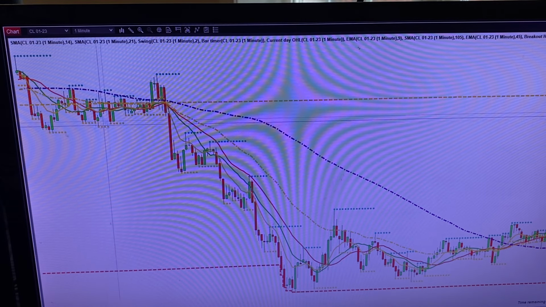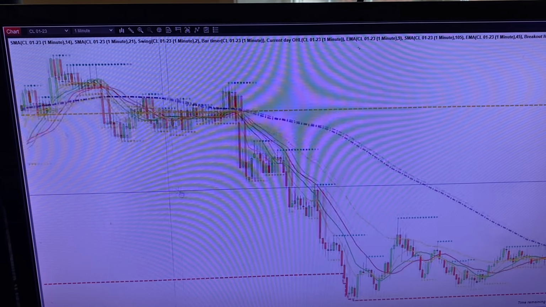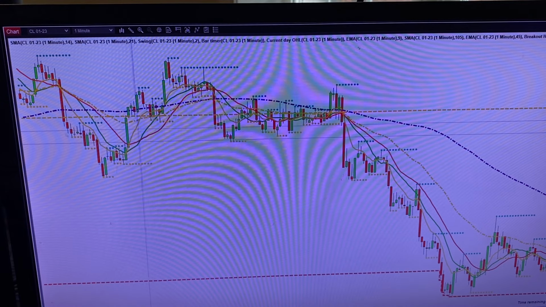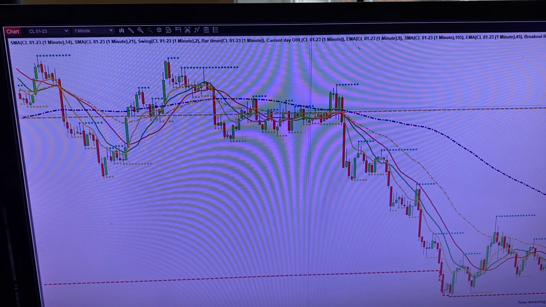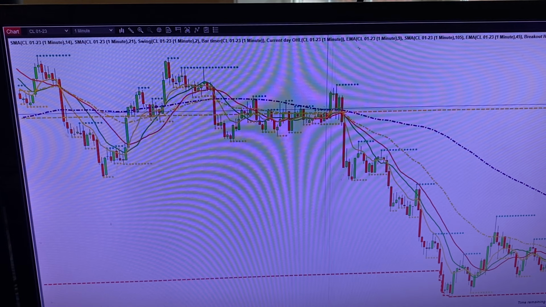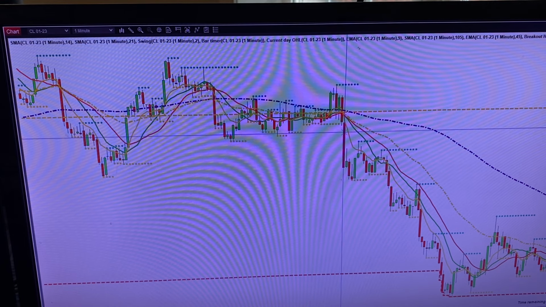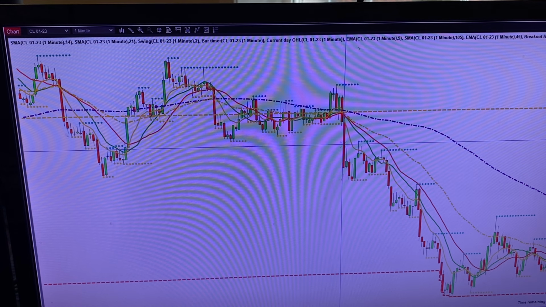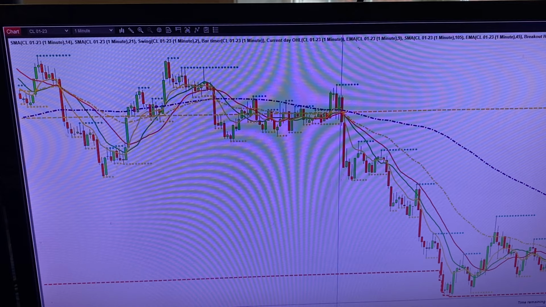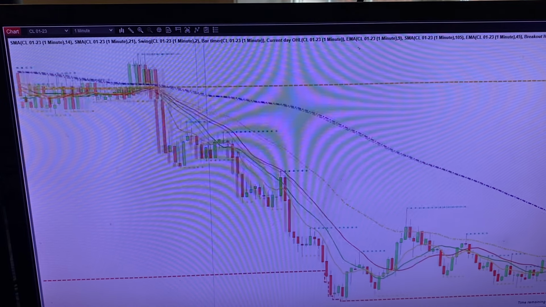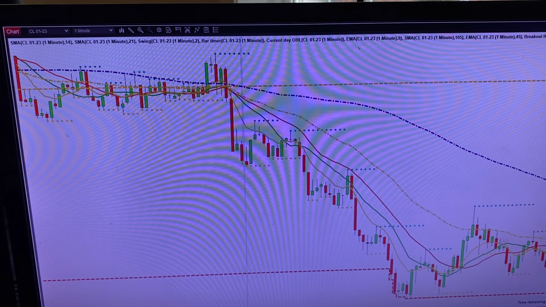Remember I told you oil has an inventory report. Oil got real consolidating from the open all the way through, so I wasn't even thinking of taking an oil trade. Then the inventory report comes out, which, because oil went down, probably means they have more inventory supply than they counted on. Supply and demand type thing.